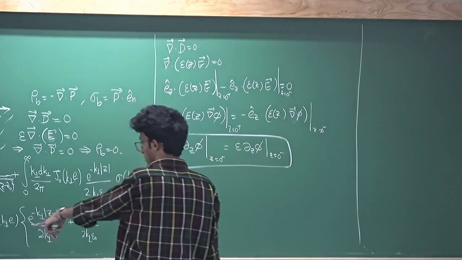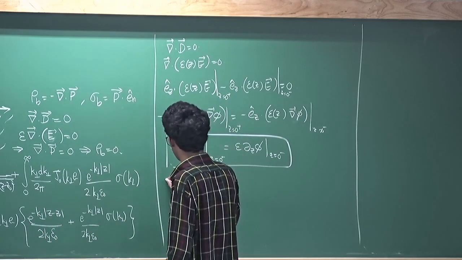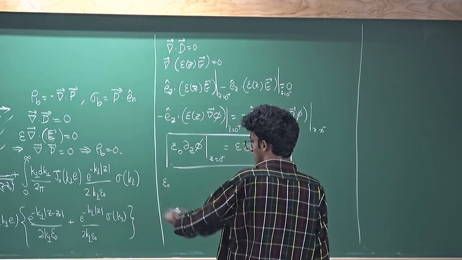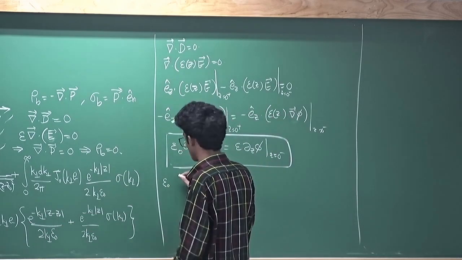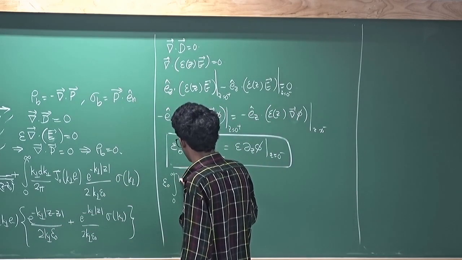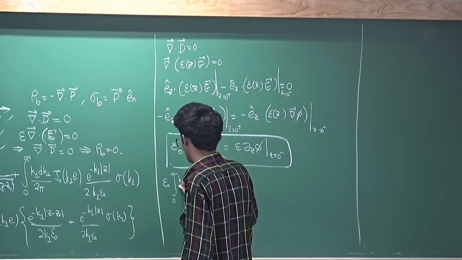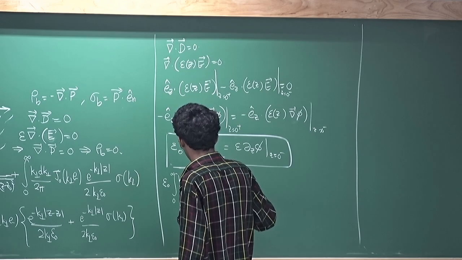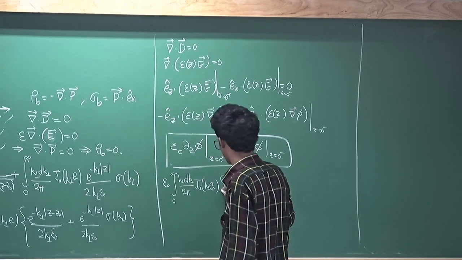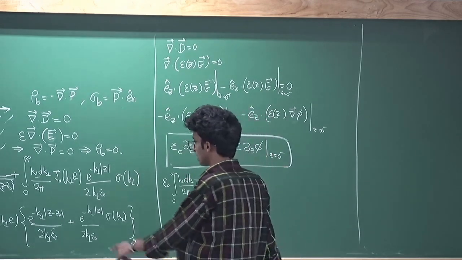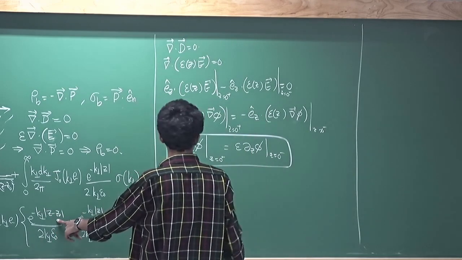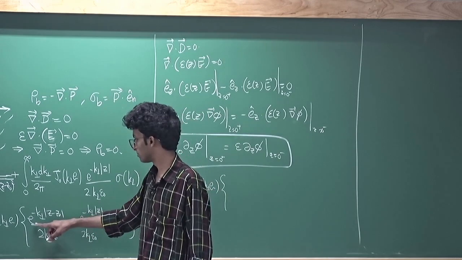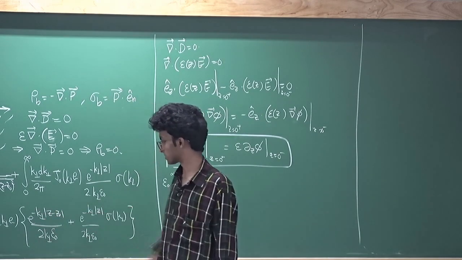So putting this solution into this boundary condition, what do you get? You get epsilon naught. Now you have to do del z of phi at z equals 0 plus. So you get integral 0 to infinity, k perpendicular dk perpendicular over 2 pi, J naught k perpendicular rho, e to the minus k perpendicular mod z minus z naught. When z equals 0 plus, that is just e to the minus k perpendicular of z naught minus z.